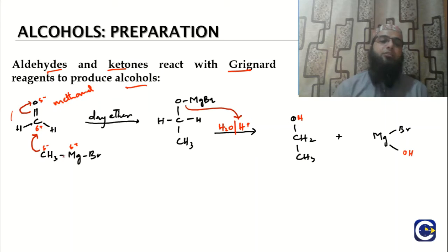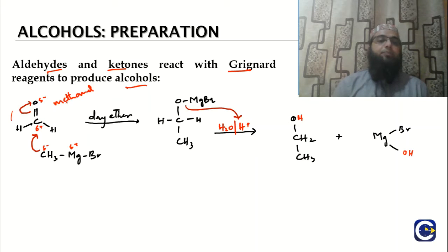The electron density is more towards the carbon, giving a negative charge on the carbon and a positive charge on the magnesium. As a result, there is a nucleophilic attack of the Grignard carbon on this electrophilic carbonyl carbon.